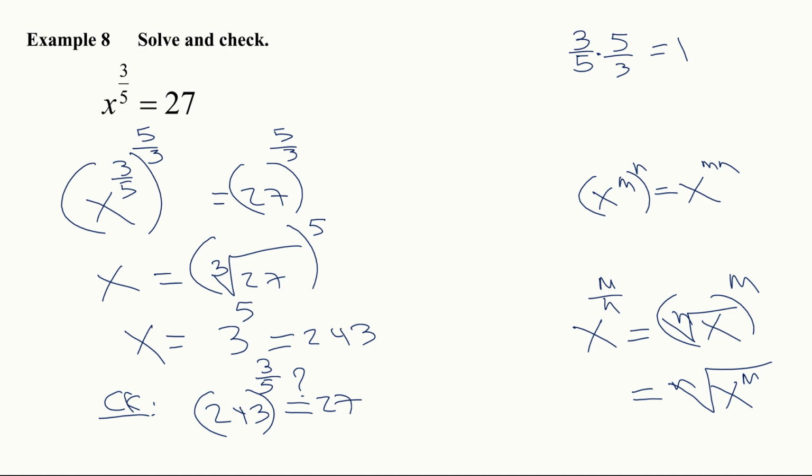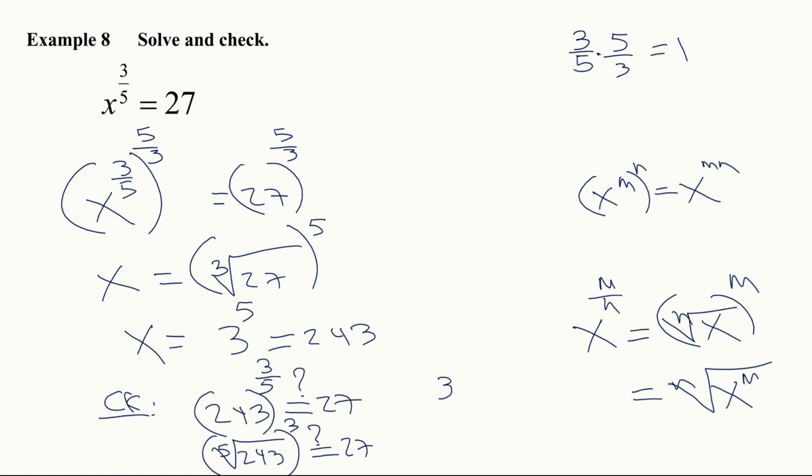Well, remember, we're going to turn that into a radical, so that means the 5th root of 243 cubed, we want to know if that's equal to 27. Now, what is the 5th root of 243? Well, if you remember, we just raised 3 to the power of 5 and we got 243. So what is the 5th root of 243? What is the number that you have to raise to the power of 5 to get 243? Well, it's obviously 3.